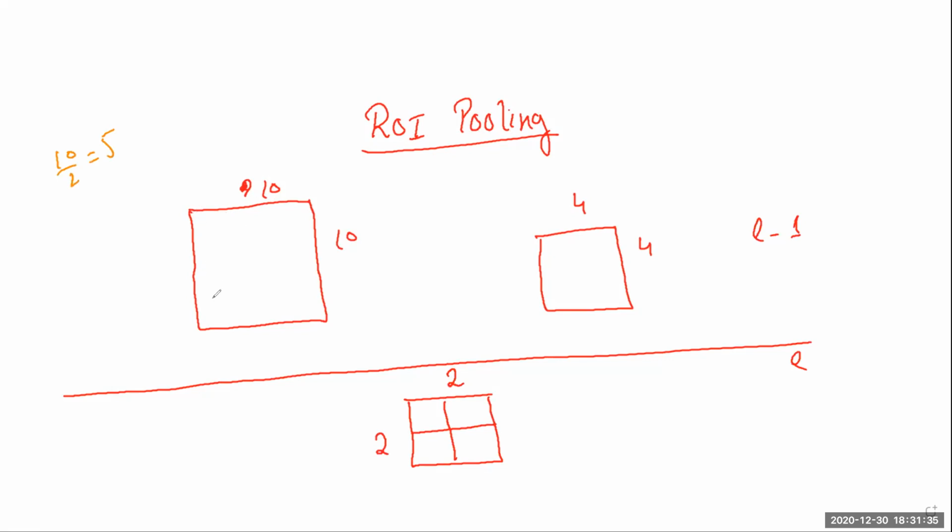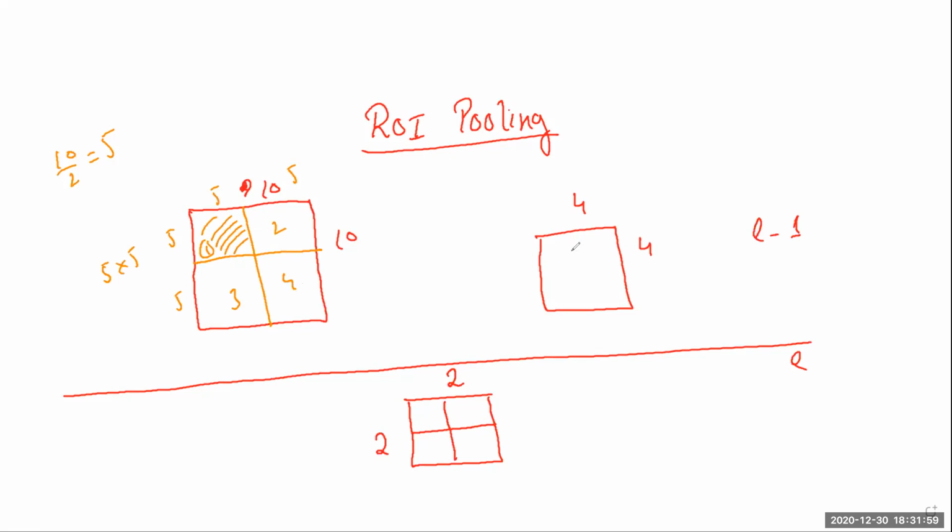It means you have 10 rows, so you divide them here, so you have 5 rows here, 5 rows here. Similarly, you have 10 columns, right? So you have 5 columns here and 5 columns here. Okay, so you see this one block is 5 cross 5. And how many grid cells do you have? We have 1, 2, 3, 4.